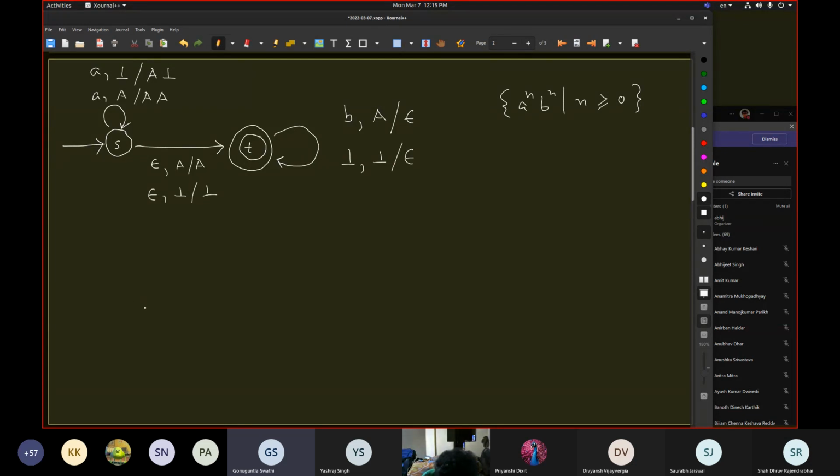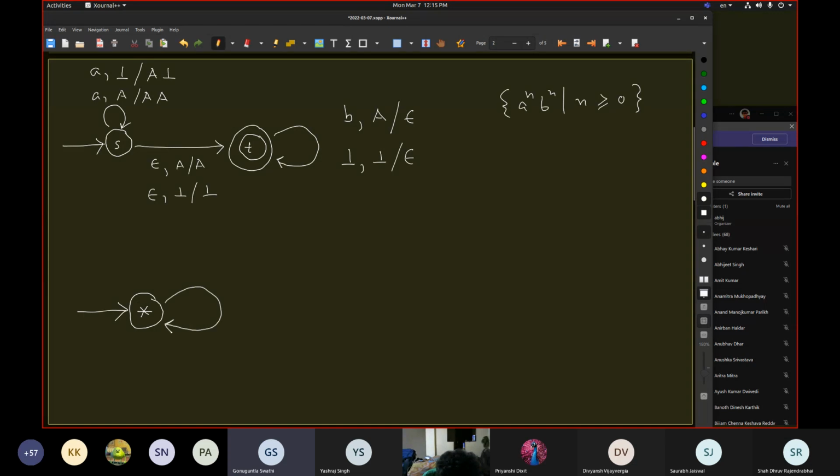So what I will do, I will build a machine that for the moment will store a state of this machine and the symbol A or this. Okay.